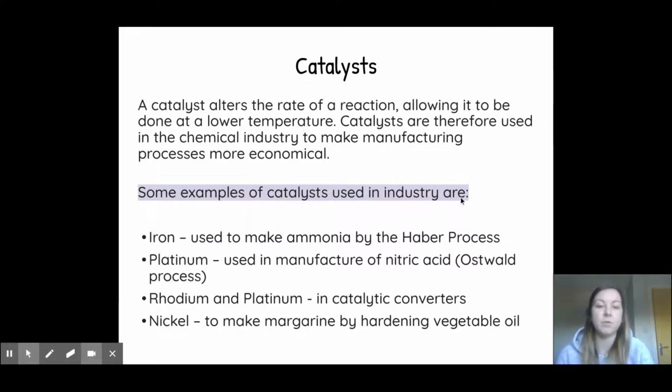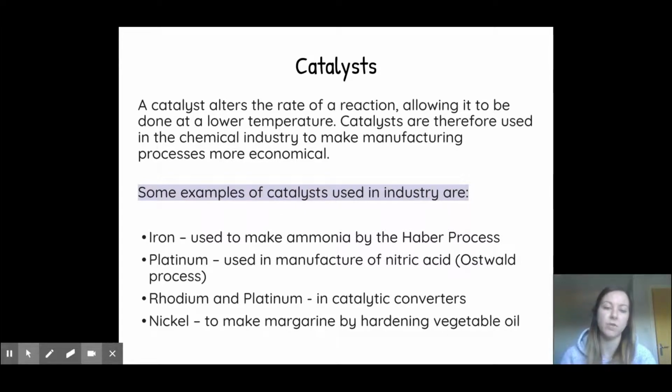So here are some examples of catalysts that are used in industry that you might want to take a wee note of to use as examples. Two that you should be very familiar with from National 5 are iron, which is used to make ammonia by the Haber process, and platinum, used in the manufacture of nitric acid, which is in the Ostwald process.